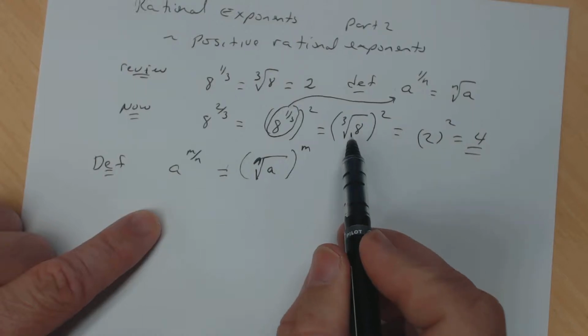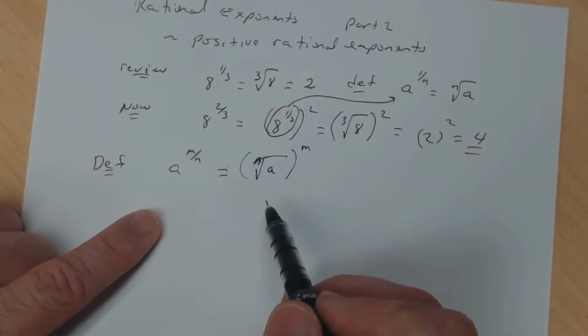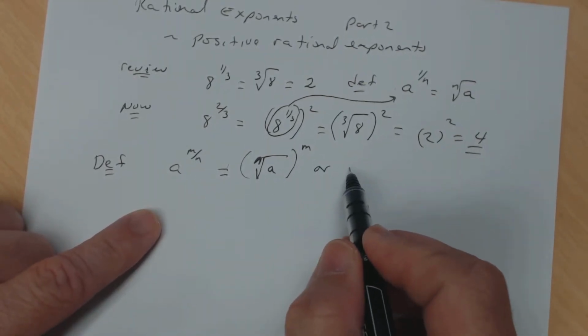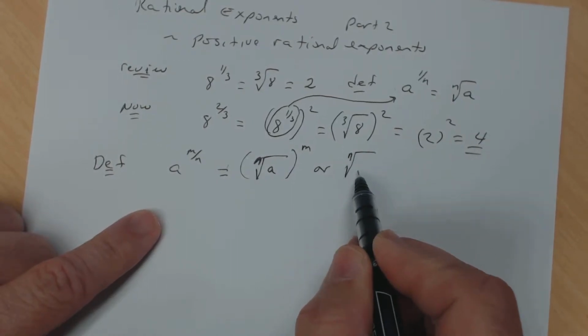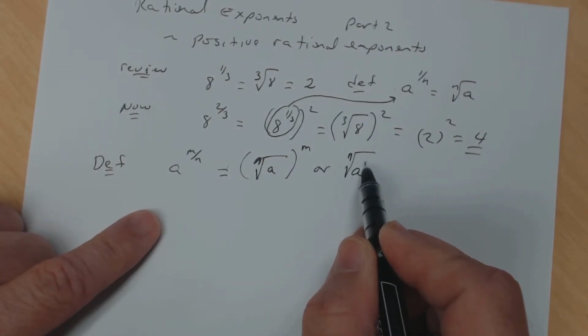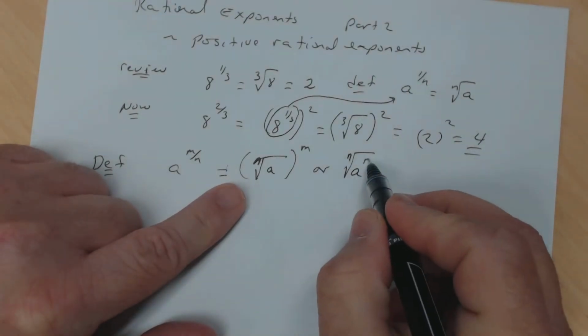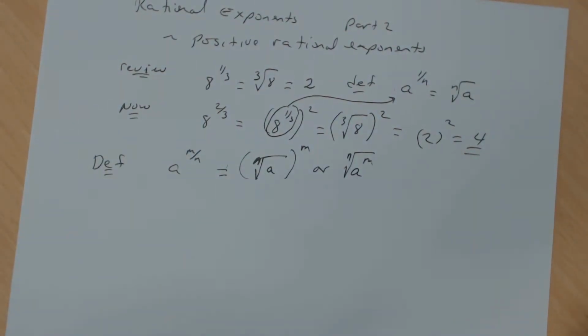So the cube root of 8 raised to the second power. Or you could do this as well: the nth root of a, and then instead of raising this whole thing to the m power, you can raise a to the m power.